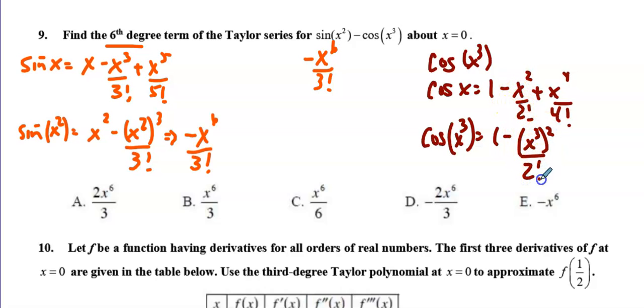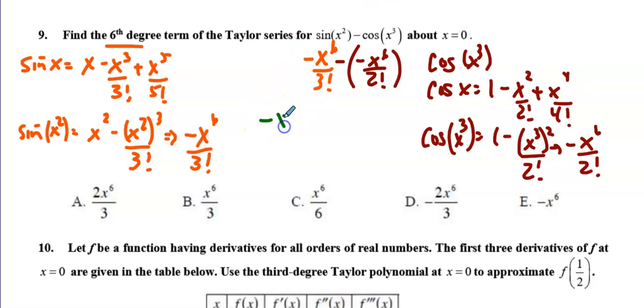And so I'm going to stop right here because this is going to give us negative x to the 6th over 2 factorial. So that's my 6th degree. So I'm going to do minus a negative x to the 6th over 2 factorial. And then all I have to do here is just really simplify this. And that's really all that we need to do to solve the problem.